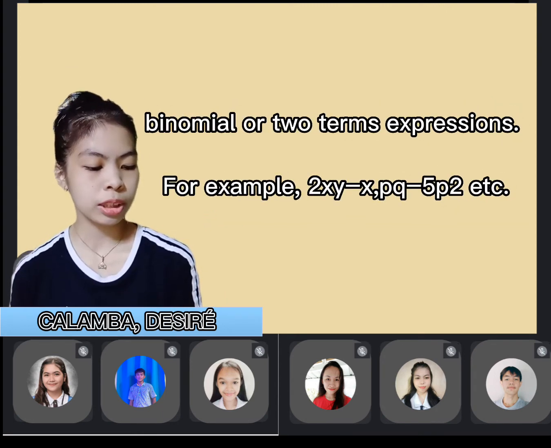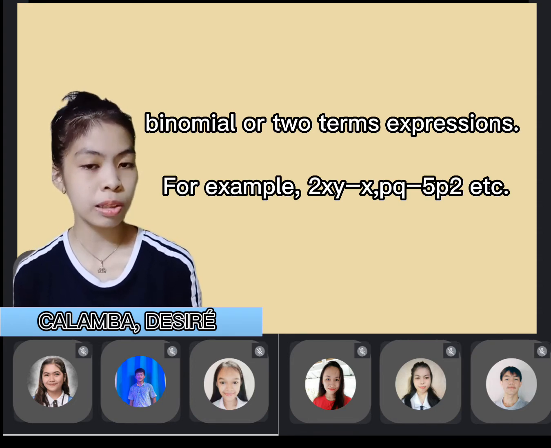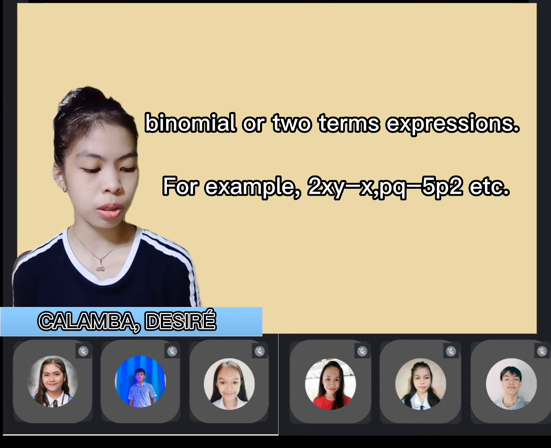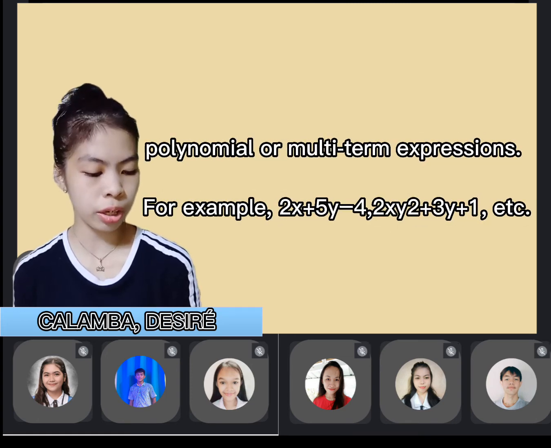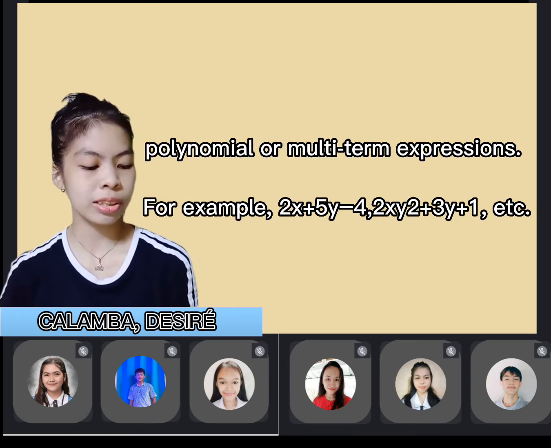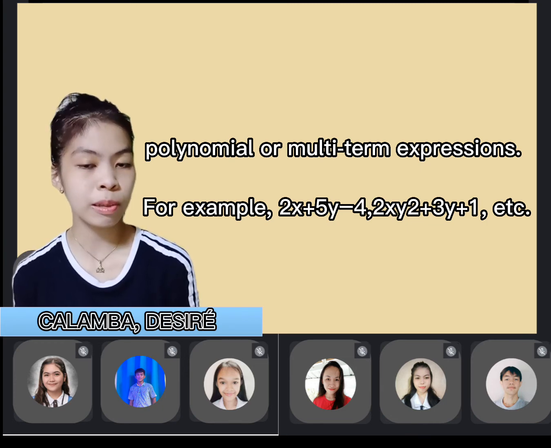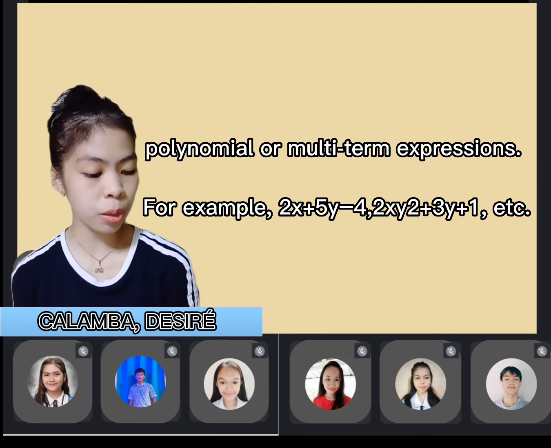Binomial or two-term expressions, for example, 2xy minus x, pq minus 5p2, and etc. And polynomial or multi-term expressions, for example, 2x plus 5y minus 4, 2xy2 plus 3y plus 1, and etc.